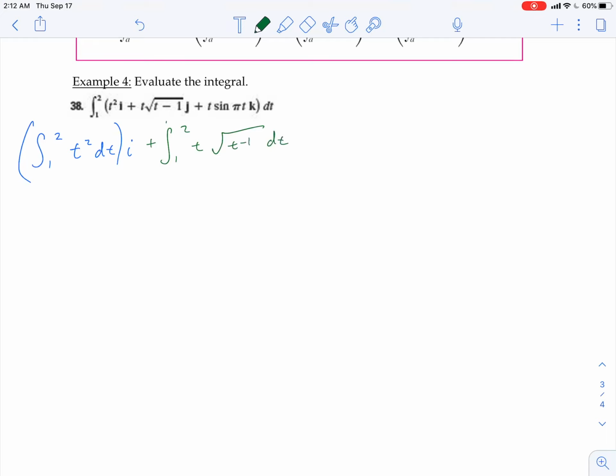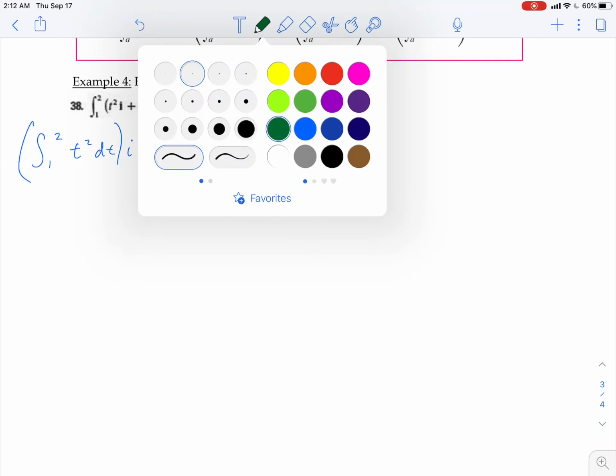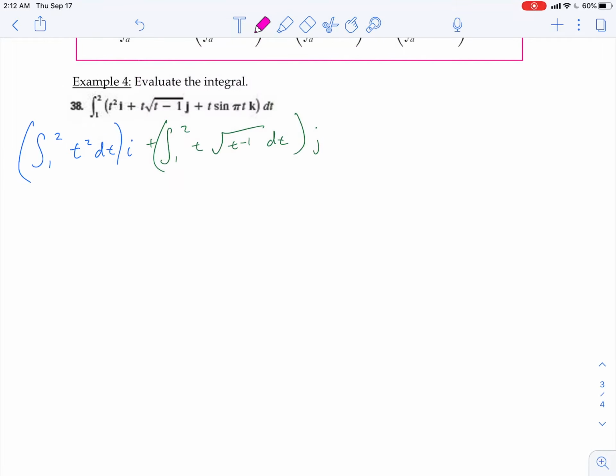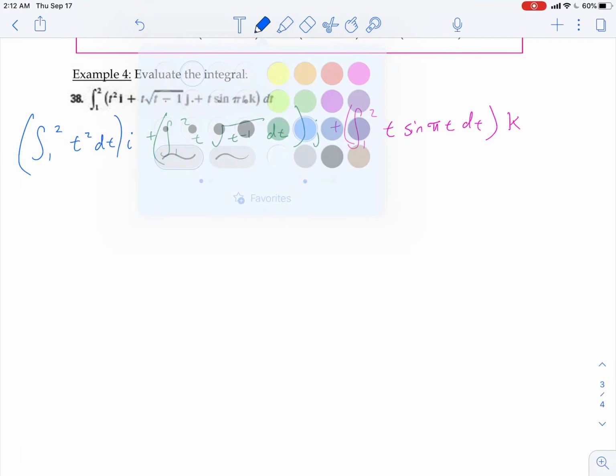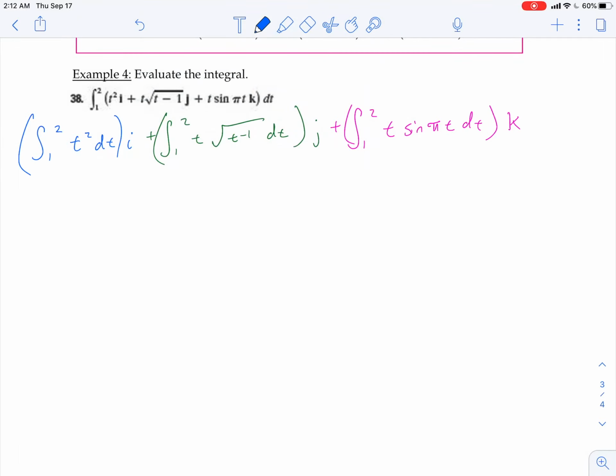Then the integral from 1 to 2 of t squared root t minus 1 dt j, plus the integral from 1 to 2 of t sine pi t dt k.